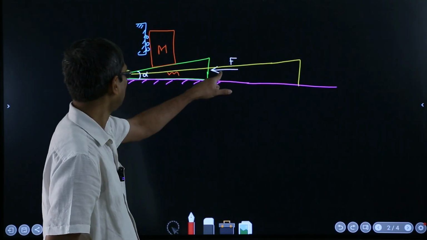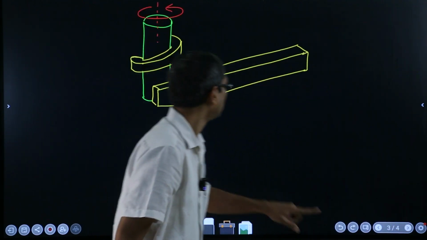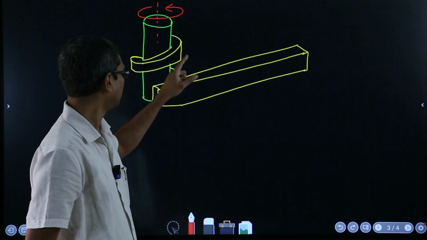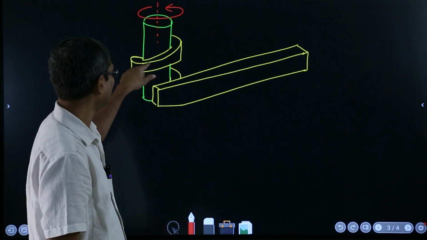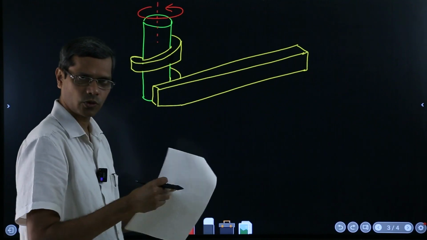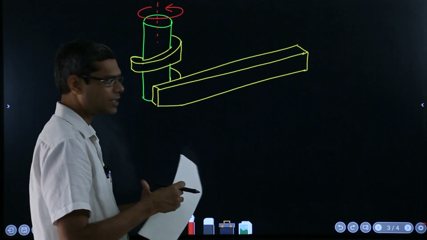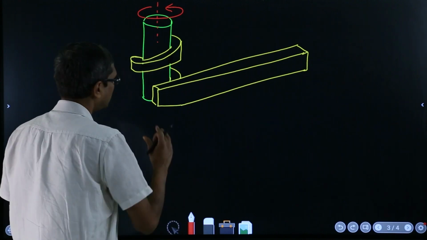In the previous one, pushing the wedge is equivalent to turning this. This yellow wedge is now completely fixed to this cylindrical shaft. It's frozen, attached to it, and if I turn this, it's as good as moving it.